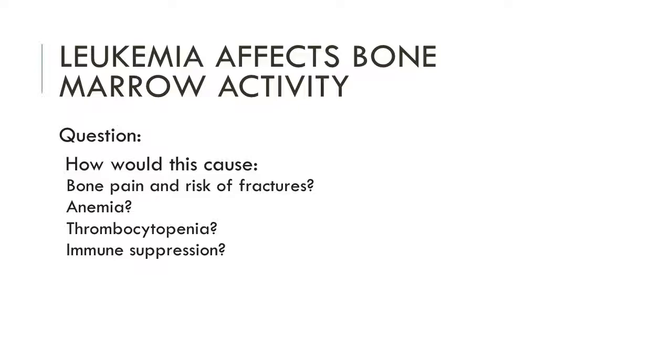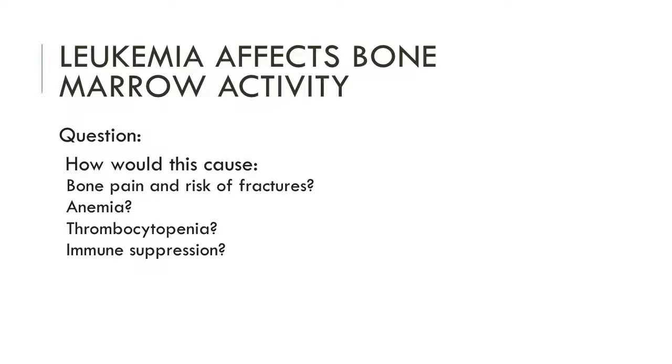One of the things that's kind of interesting is that the leukemic cells can cross the blood-brain barrier, and they can establish themselves in the central nervous system. And so as a result, symptoms that we get with that are cranial nerve palsies, headaches, nausea and vomiting, and occasionally seizures and coma.